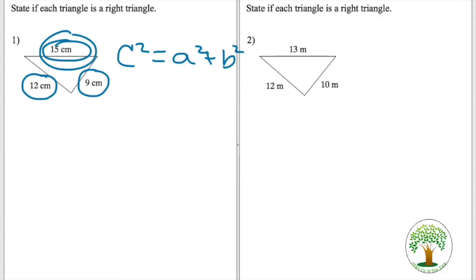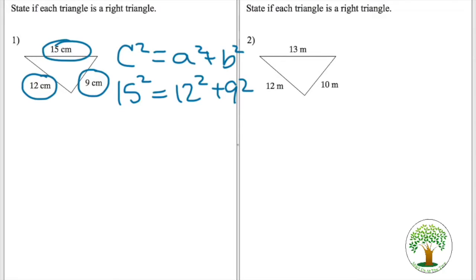So we'll have 15 squared equals, it doesn't matter which one I call A and B, 12 squared plus 9 squared. 15 squared is 225, and 12 squared is 144, and 9 squared is 81.